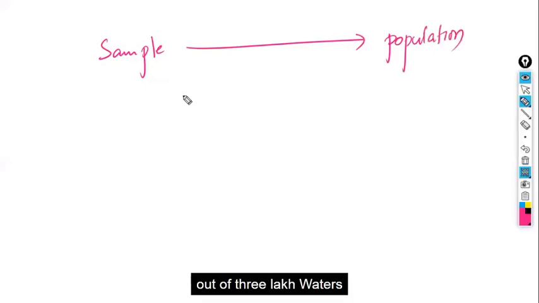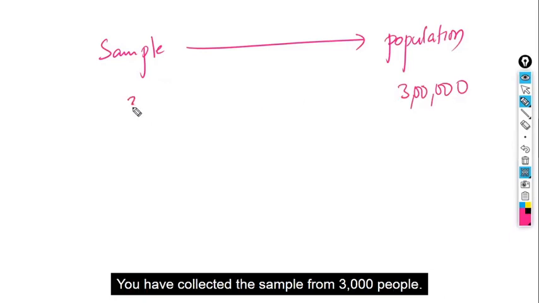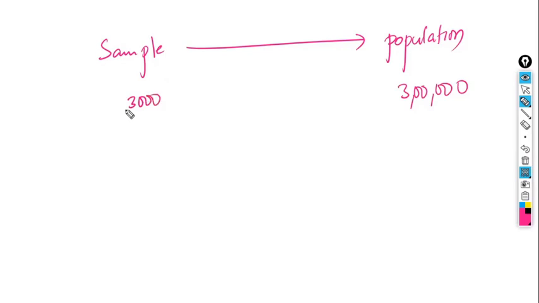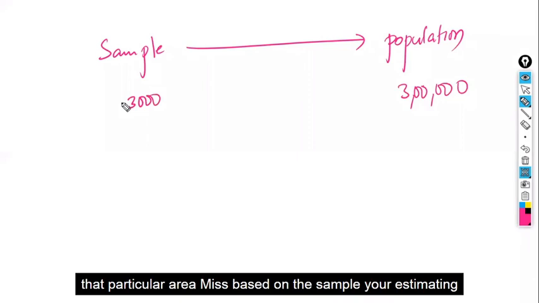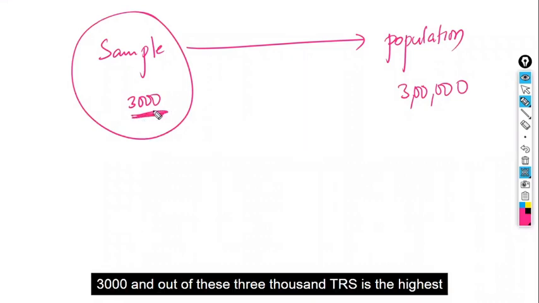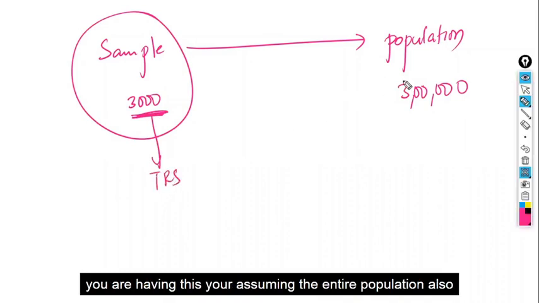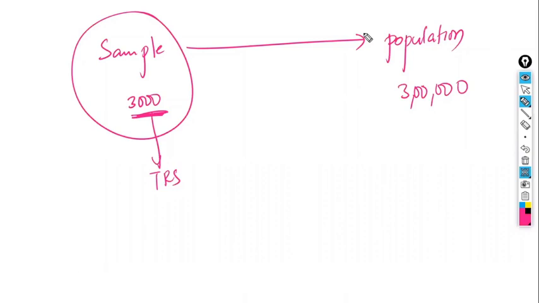Out of 3 lakh voters, assume this is the population size. You have collected the sample from 3,000 people, and out of these 3,000, you are predicting who is going to win in that particular area. Since TRS is the highest in the 3,000 you collected, you are assuming the entire population has also cast their vote for TRS only.